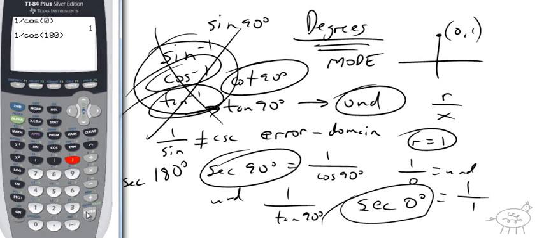It's -1. So this should be -1. A really bad thing to do is this, and this is what people do. You're really supposed to do 1 divided by cosine of 180. What people like to do is sometimes they do cosine of 1 divided by 180. Boo, that is really bad.